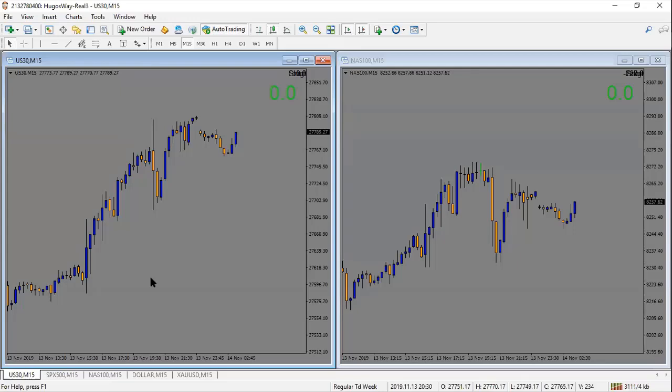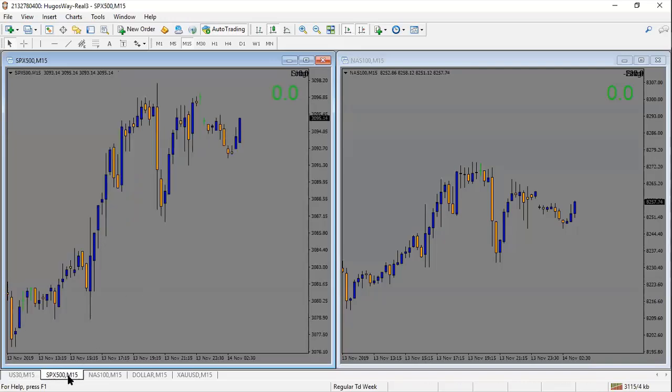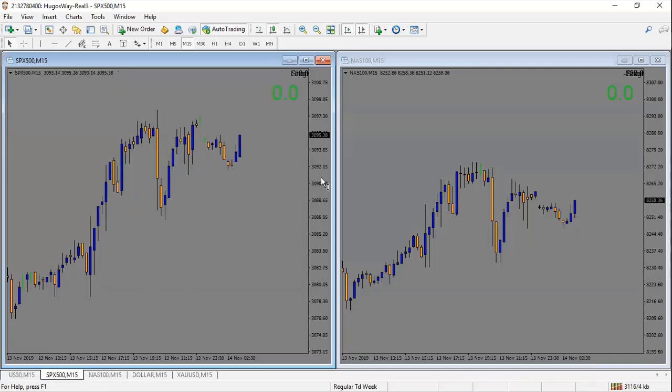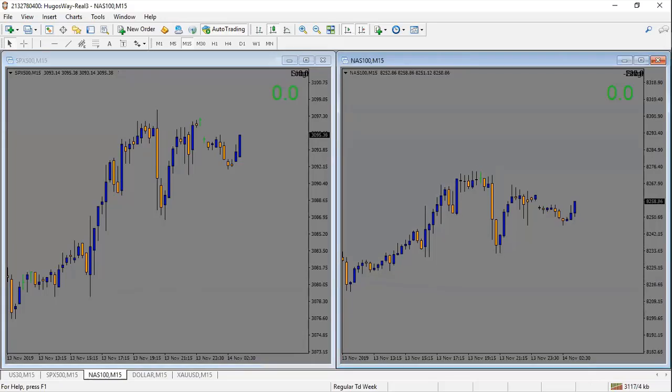This is why I trade these three together. Because they all look the same. They all move the same. So when news hits, they're all going to do the same thing, right? Now, the main thing you want to understand is that most of the time, SPS 500 and NAS 100 will move before US30.